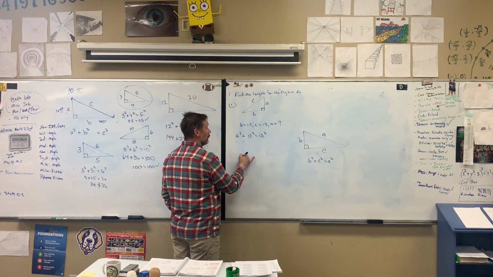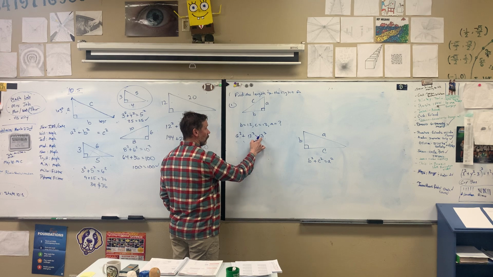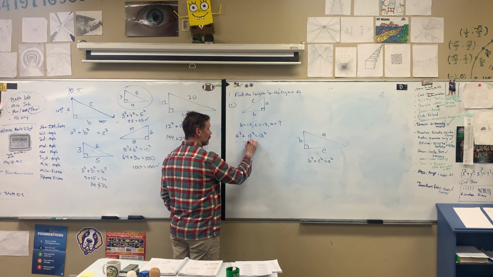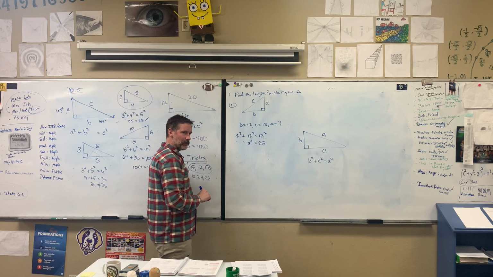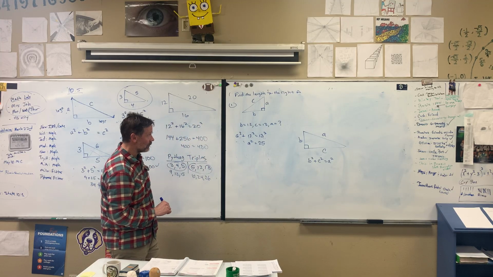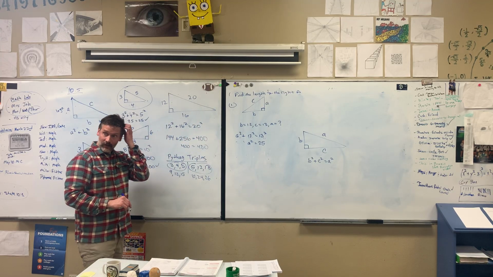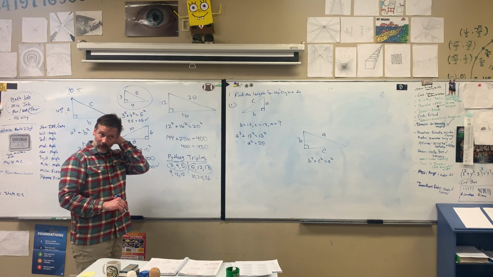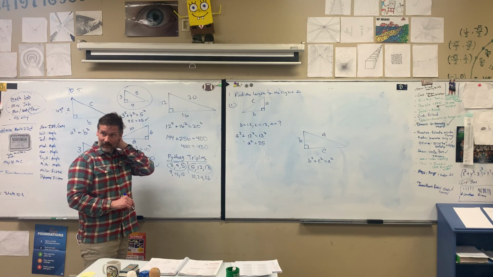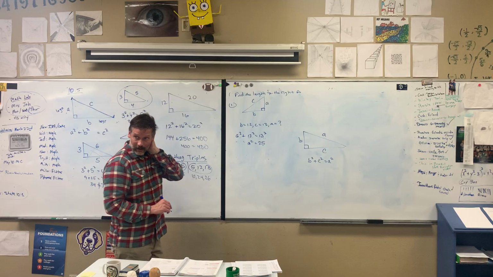So in this case, you would say A squared plus B squared is equal to 13 squared. And then you'd say, okay, 169 minus 144 is 25. Just jumping the steps a little bit, right? But 169 minus 144 is 25. And then how do you solve for A in this case? Take the what of both sides? Square root.